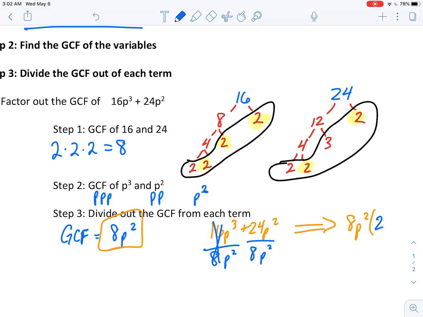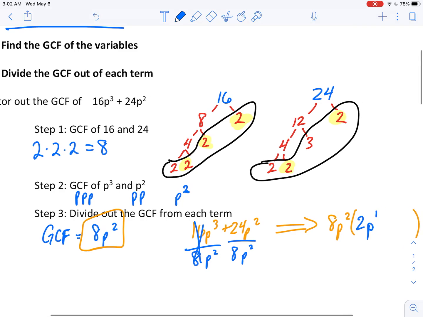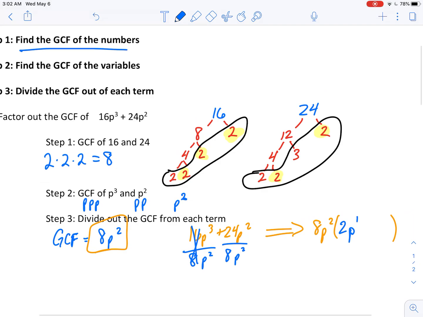Well, I would just subtract those because dividing makes numbers smaller, and so does subtraction. So this is 2p to the first, and a positive 24 divided by 8 is a positive 3, and p squared divided by p squared, those cancel. So this is our final answer.